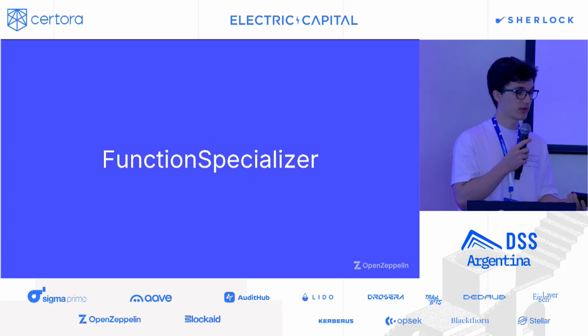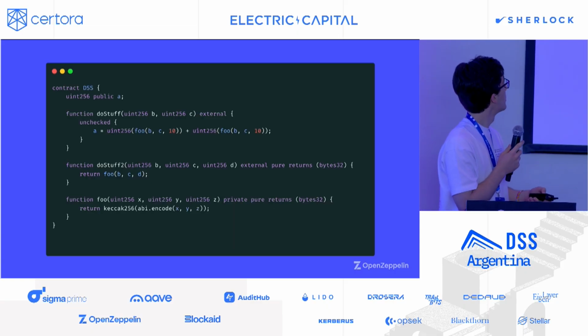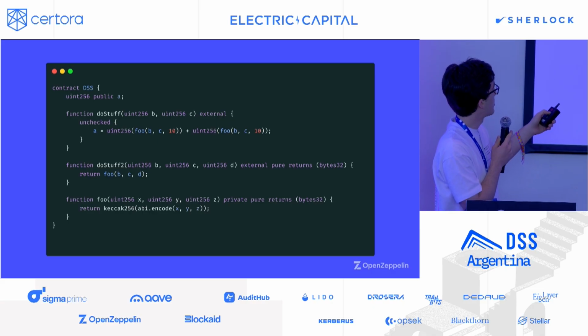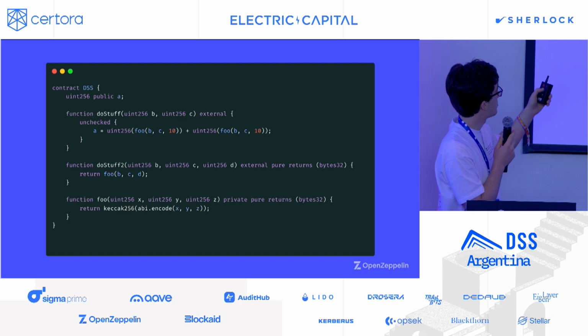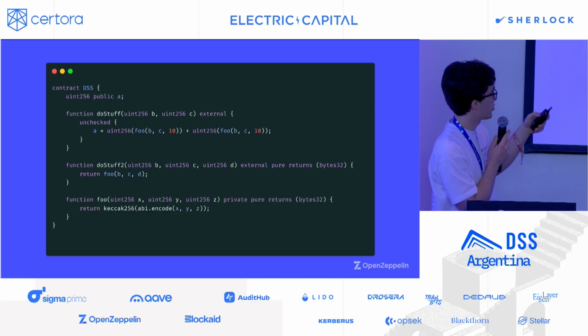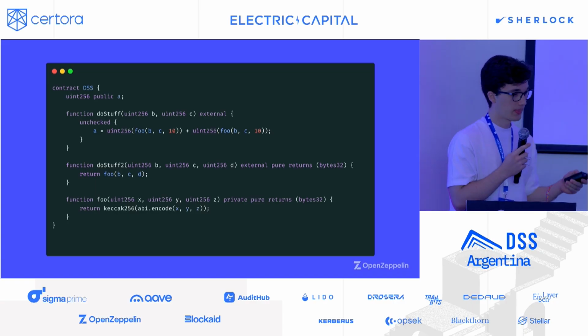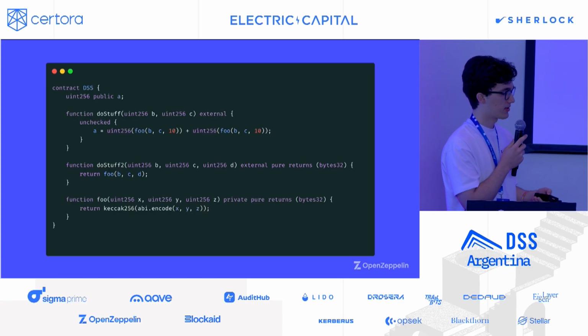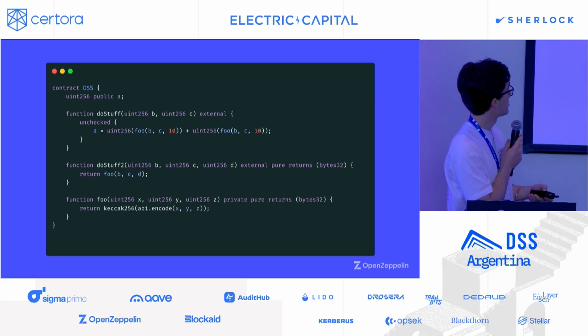And let's look at a more complex example. Here we have a function foo that takes 3 arguments and hashes them together. And we have doStuff that calls function foo twice, but with the literal value of 10 as the last argument. And we have the doStuff2 function that just passes whatever the user provides. If we look at the via IR output, we can spot something interesting.